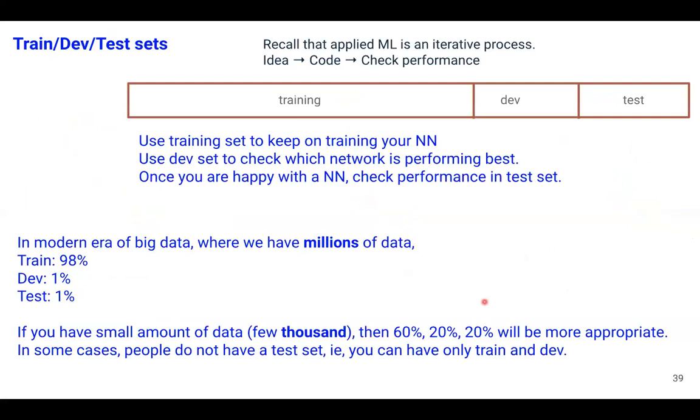Hello, ma'am. Hello. So here, if I want to test my thing and I take a similar amount of data as the training to test, what will be the problem?